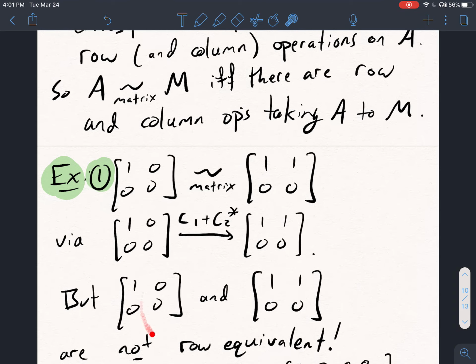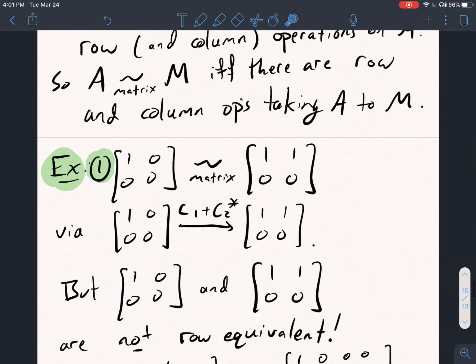So this column, no matter what row operations I do to this matrix, will always be a column of zeros, which of course is not the case for this matrix. So these are not row equivalent, but they are matrix equivalent.